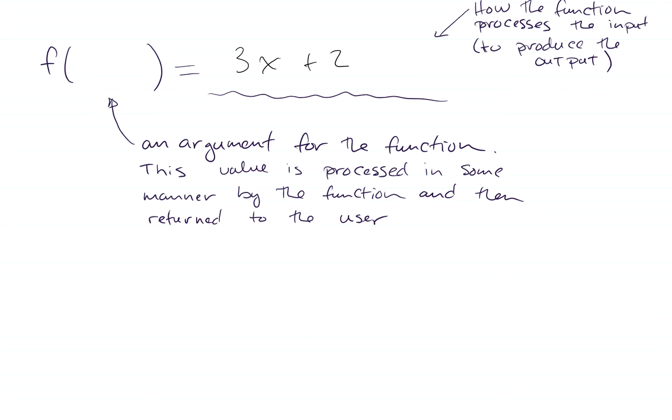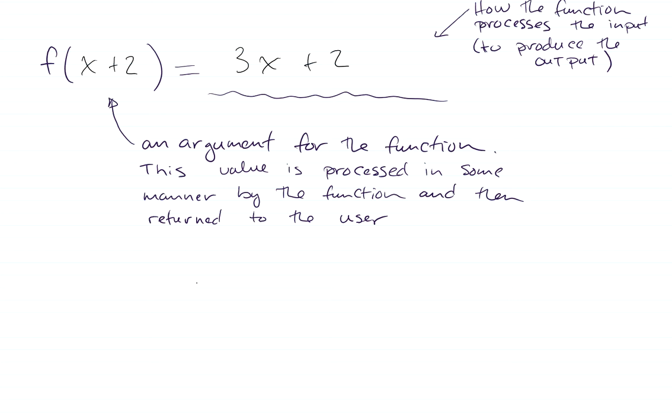So if I was to write f of x equals, I don't know, x plus 2, what this is saying is if I have some input of x, I'm going to increase that input by 2 first, and then I'm going to calculate what the output is based on this modified input.